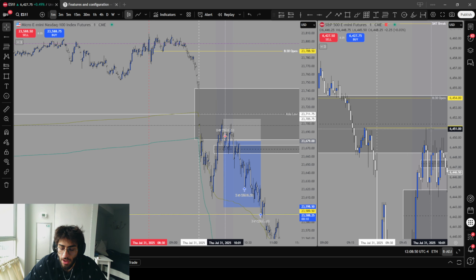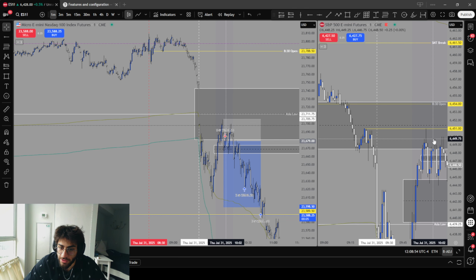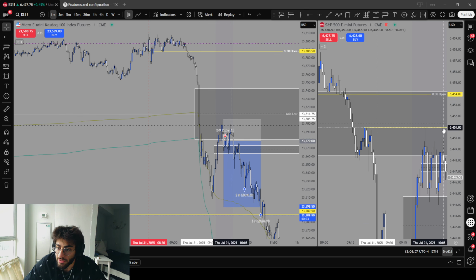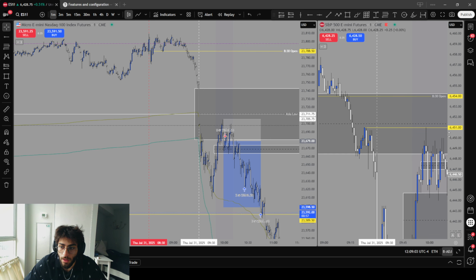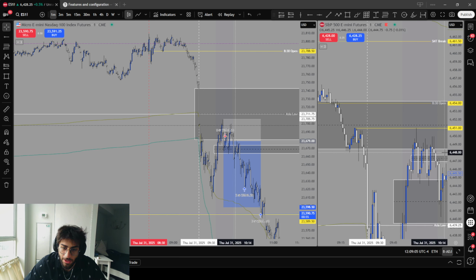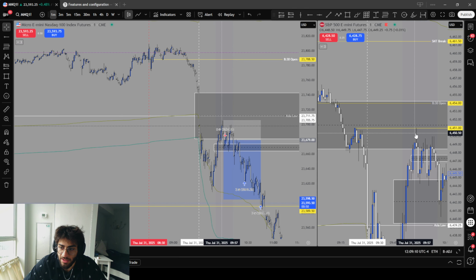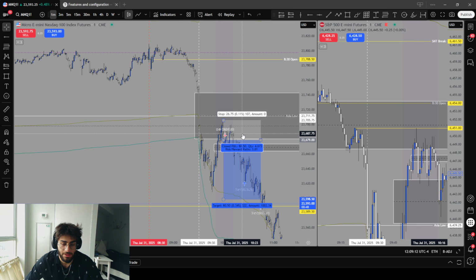That being said, why would it make sense for an SMT to not be formed if all the orders are grabbed? Because they're not sitting at 6451.25, they're sitting at 6451. Therefore, when those orders are grabbed, the liquidity is swept, therefore signifying that they were swept on ES but not on NQ. As simple as that.